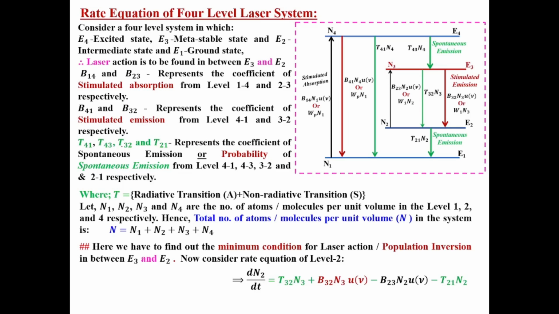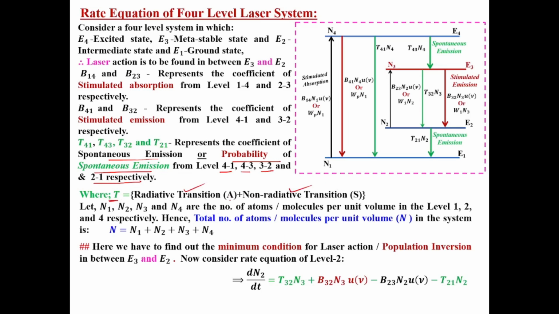T41, T43, T32, T21 represent the coefficient or probability of spontaneous emission from 4 to 1, 4 to 3, 3 to 2 and 2 to 1 level respectively. Here T represents both radiative and non-radiative transitions.